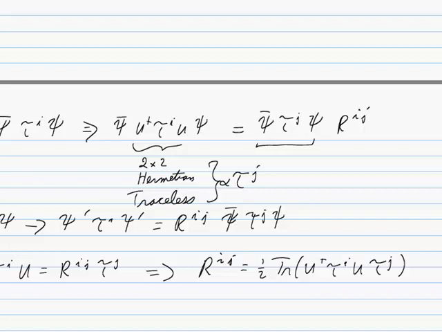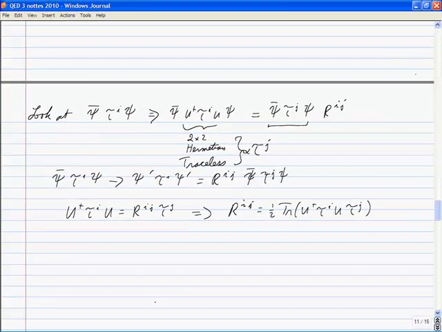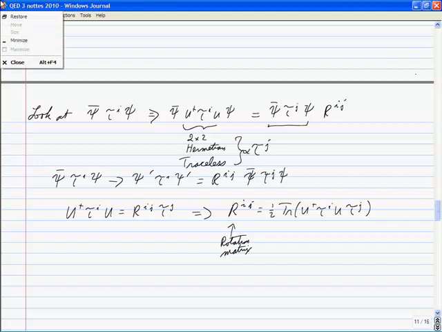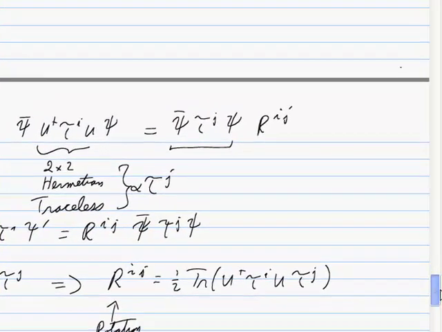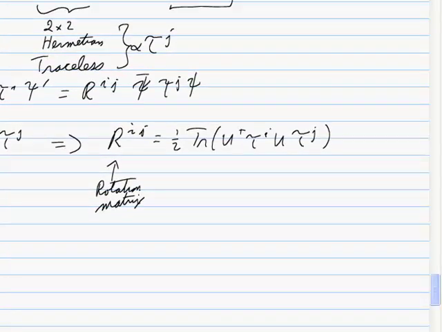Okay. The thing I won't do, but which is true, is show that this is a rotation matrix. So this rotates like a vector does in three-space. This is the origin of, and this isn't that relevant for our discussion of Yang-Mills, but this is an element of the group O(3). These are elements of the group SU(2).